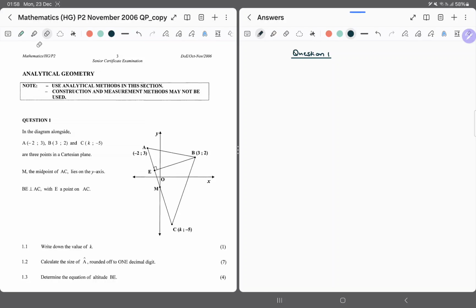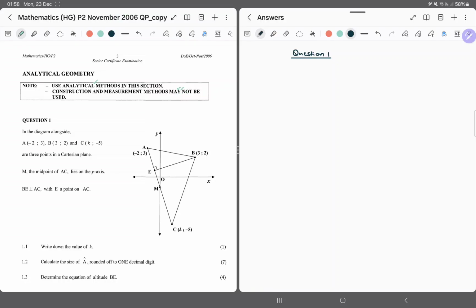Now there are some instructions here that we need to use analytical methods in this section. So this means mostly we're going to have to perform calculations typical of analytical geometry, but somehow certain things do come together. Construction and measurement methods may not be used. Remember, may not does not mean should not.